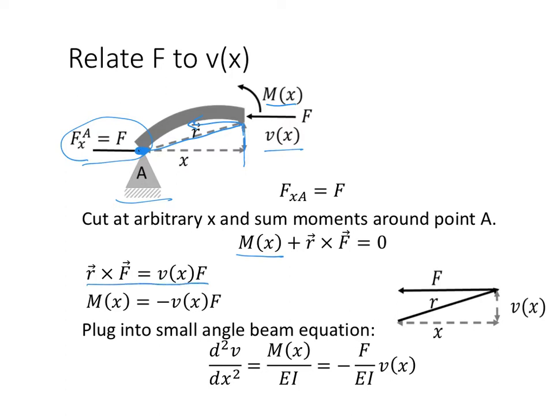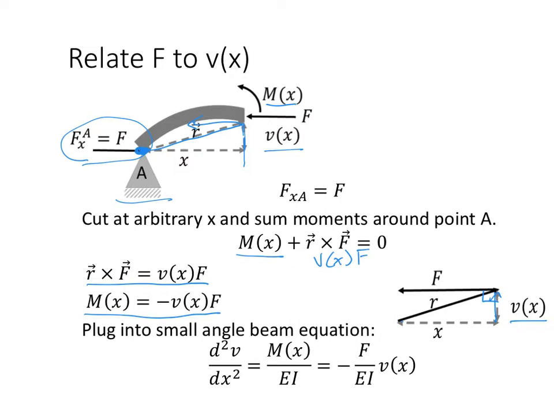We can see though that for r cross F, the only contribution in a cross product is that which is perpendicular to the force, which means that distance v of x here. So r cross F is just little v of x times F, and therefore when we solve for M of x, we get the negative of the deflection times the force.